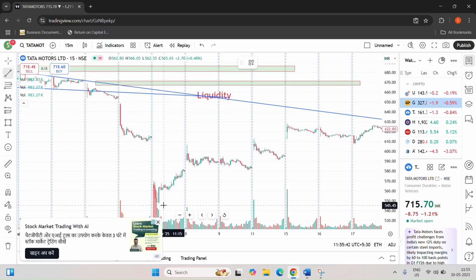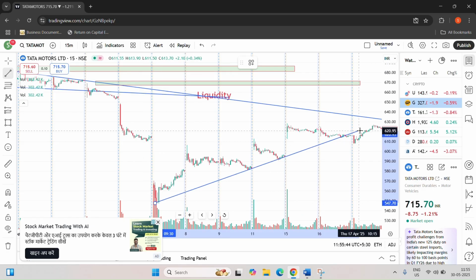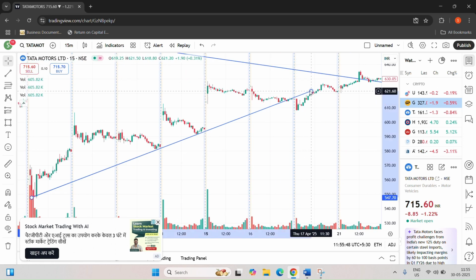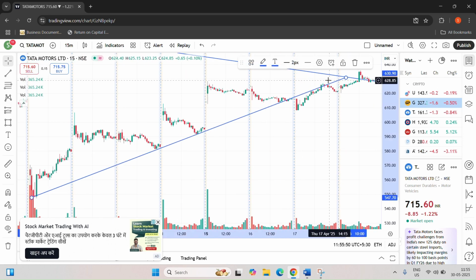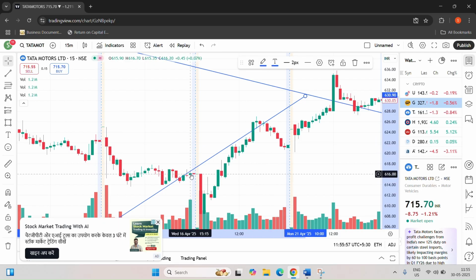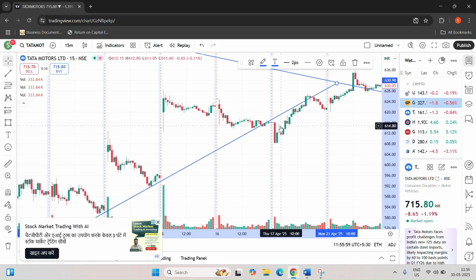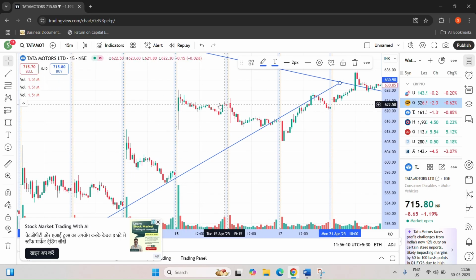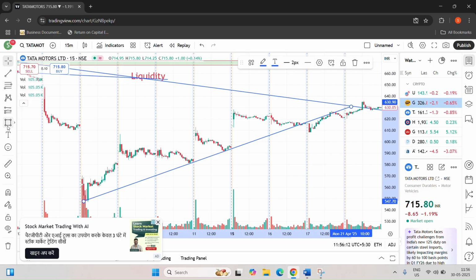Another selling opportunity is if we join all the lows, a breakdown was given here too. If you see, the volume has increased after the breakdown. When volume increases after breakdowns or breakouts, that means people have punched in their orders. If people have punched in their orders, where will their stop losses be?